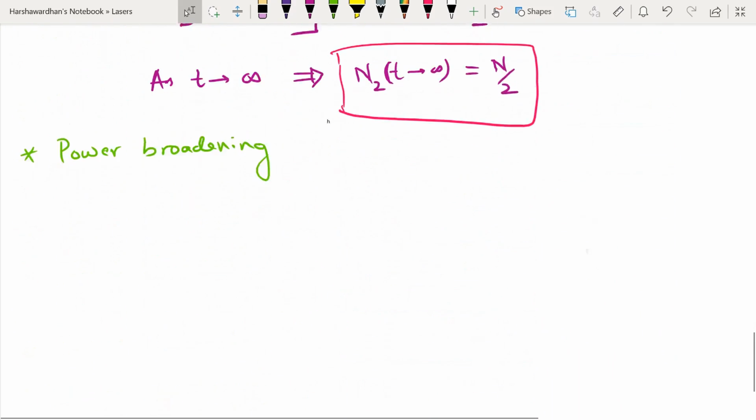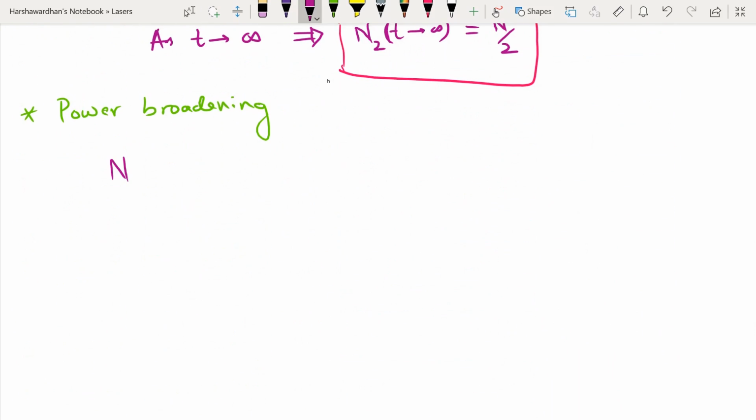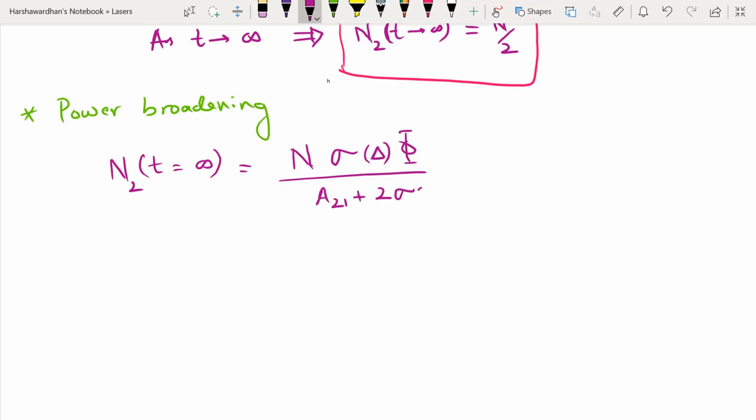So my N2 at t equal to infinity, the excited state population, is simply the total number of atoms N times sigma(delta) times phi, divided by A21 plus 2 sigma phi.